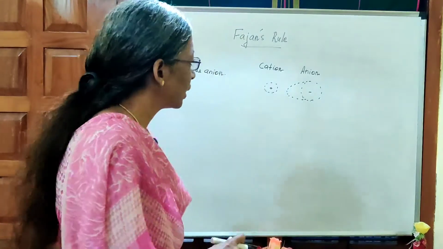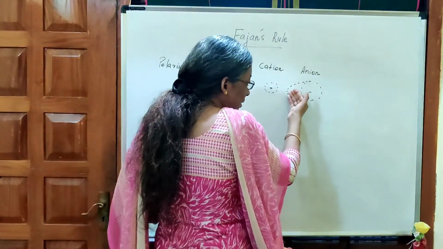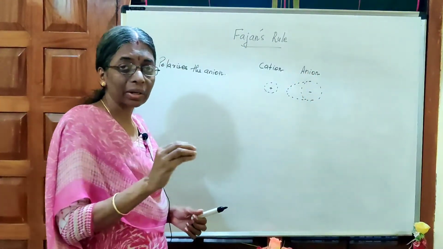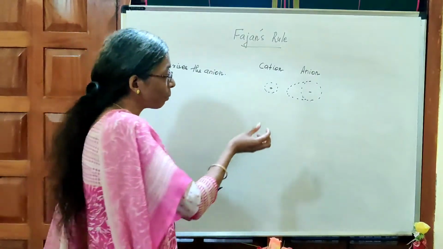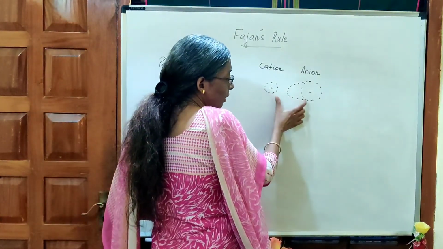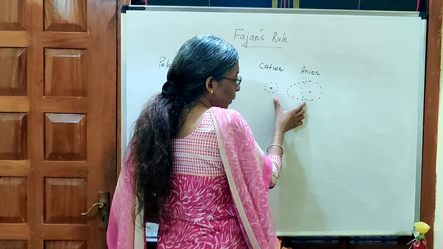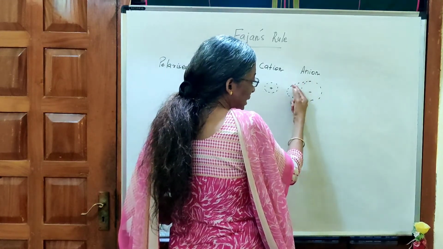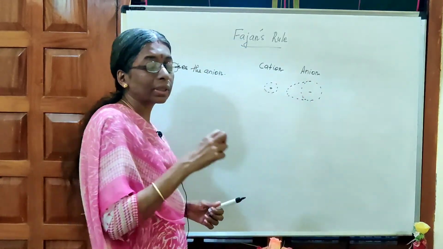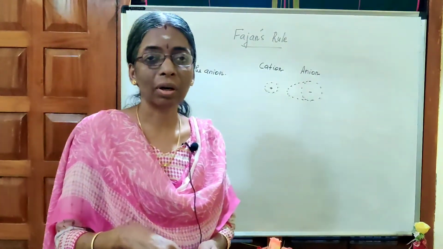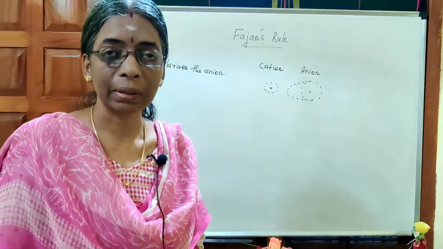The next one: the anion gets distorted. The anion's shape is spherical, but when the cation approaches, the anion gets distorted. This property is called polarizability.